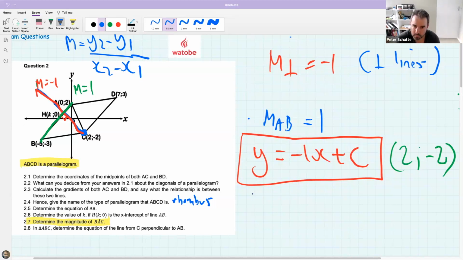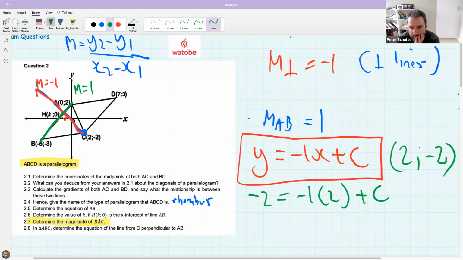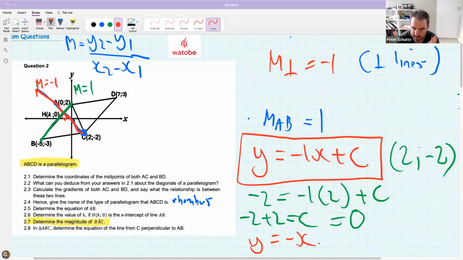So -2 equals -1 times 2 plus C. But then this -2 becomes a +2. And so C must be 0. And so actually the final equation is just y equals -1x or -x plus 0, but we don't write the 0. And so the equation of the red line is just y equals -x.